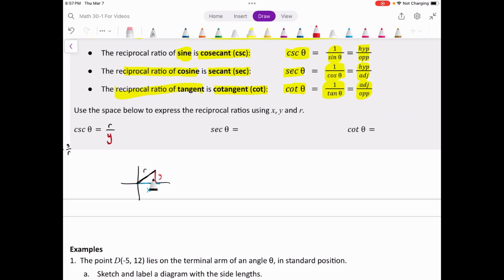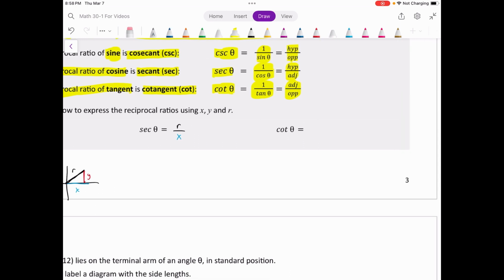So cos is x over r, adjacent over hypotenuse. So secant is going to be r over x, hypotenuse over adjacent. Okay, and cotan theta, well, tan theta is opposite over adjacent, y over x. So cotan theta is the reciprocal of that. It is x over y.